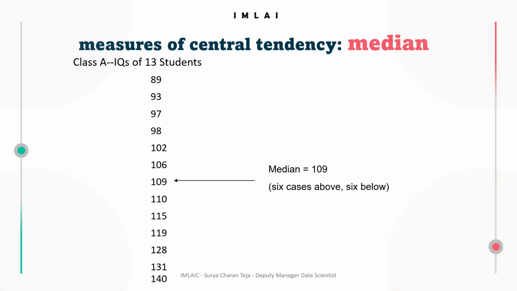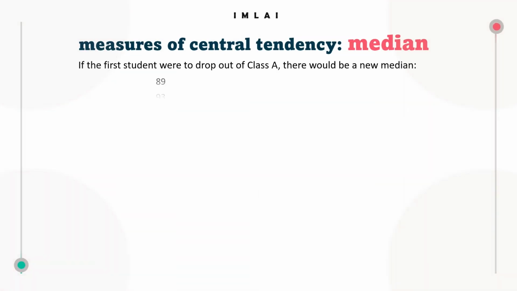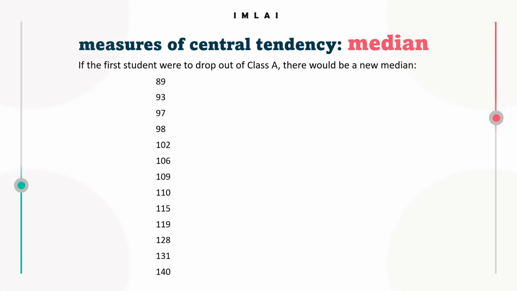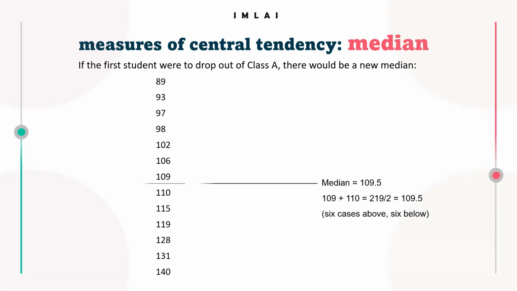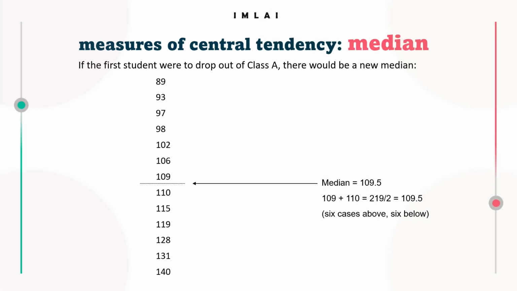So now let's take another example. If the first student were to drop out of class A, then there would be a new median. So I just want to remove this first one, the first student who dropped out of class.